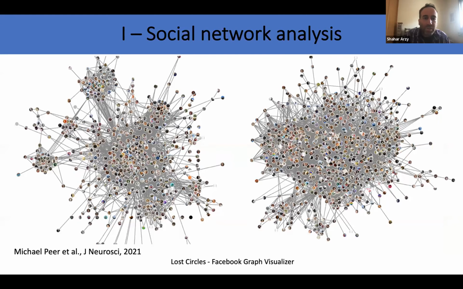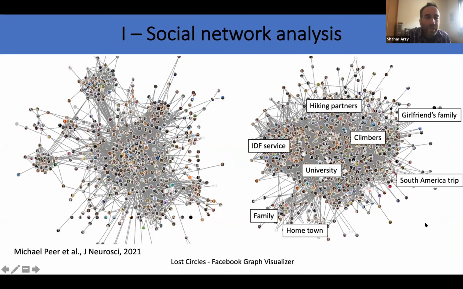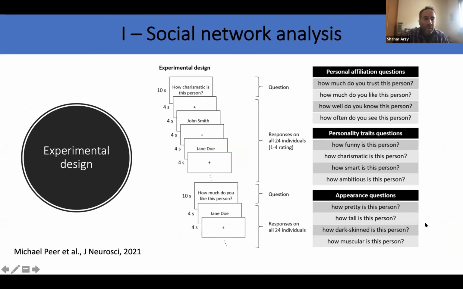This was done by Michael Peer from the lab and was published in the Journal of Neuroscience several months ago. What Michael did in this work is first segment, in a totally objective manner, the Facebook network of each participant.